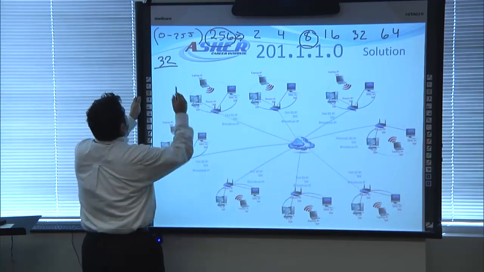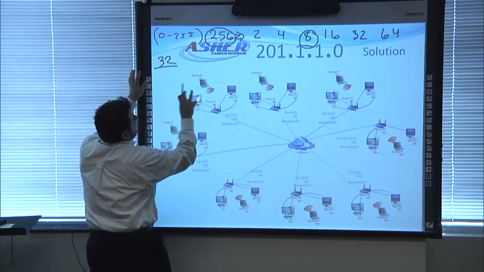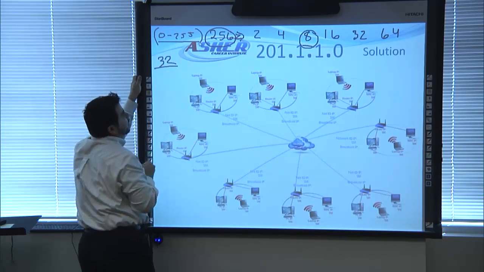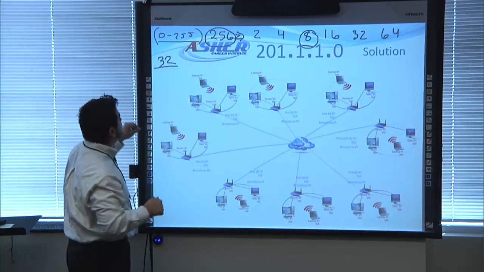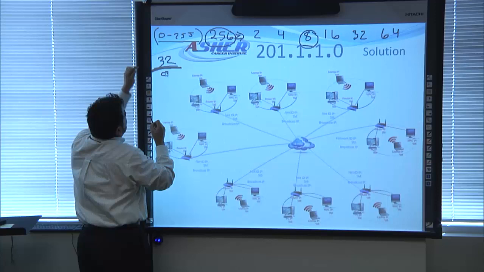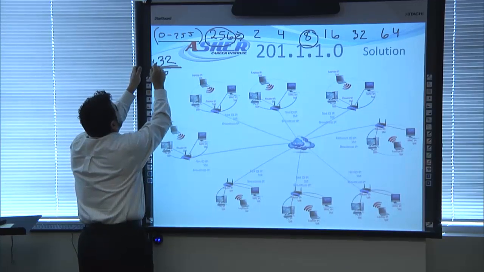Okay. So now that we know the number that we've got to give each one of these, we're going to take the 0 through 255 and divide it into groups of 32 IP addresses. And the way we do that is we always start with 0 and we go straight down and add the number.